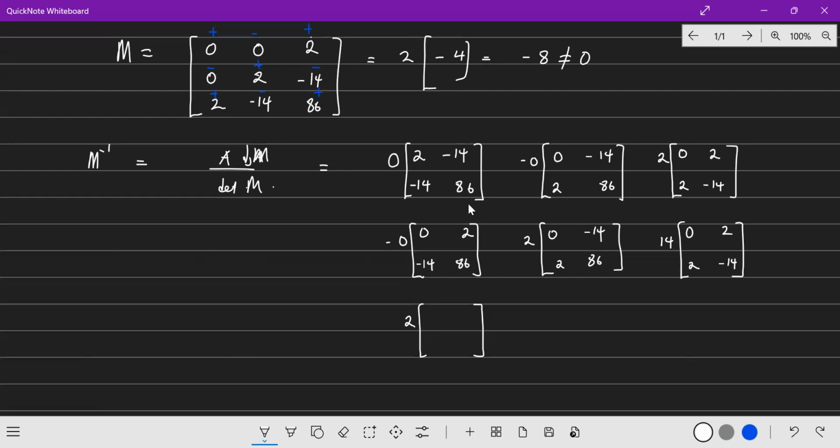When I had 0 here, I covered this and this, and the matrix 0, 2, negative 14, 86 is good. Okay. And then when I had positive 2 here, what did I cover? I covered 0, I have 0. Here is a mistake now. So it's 0, 2, 2, 86.